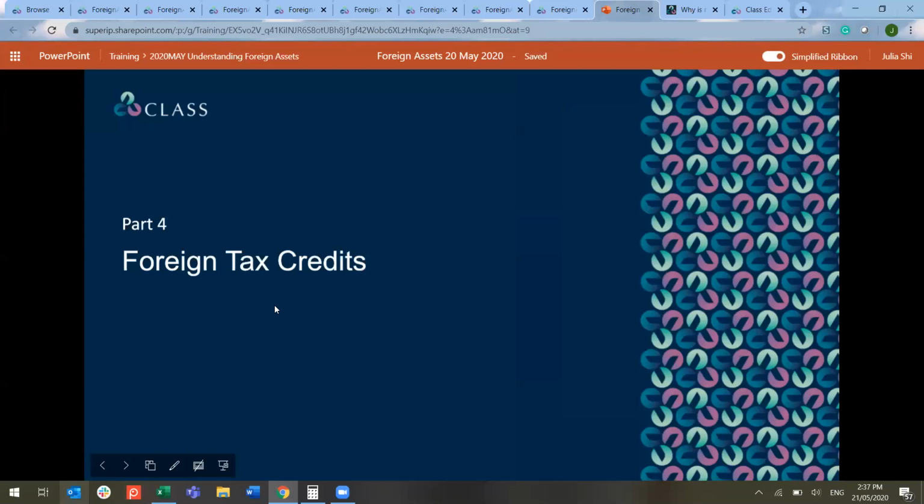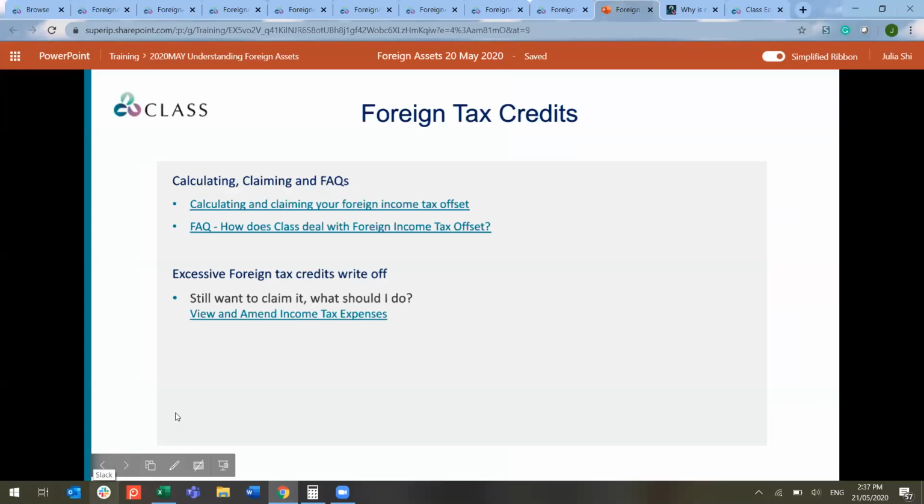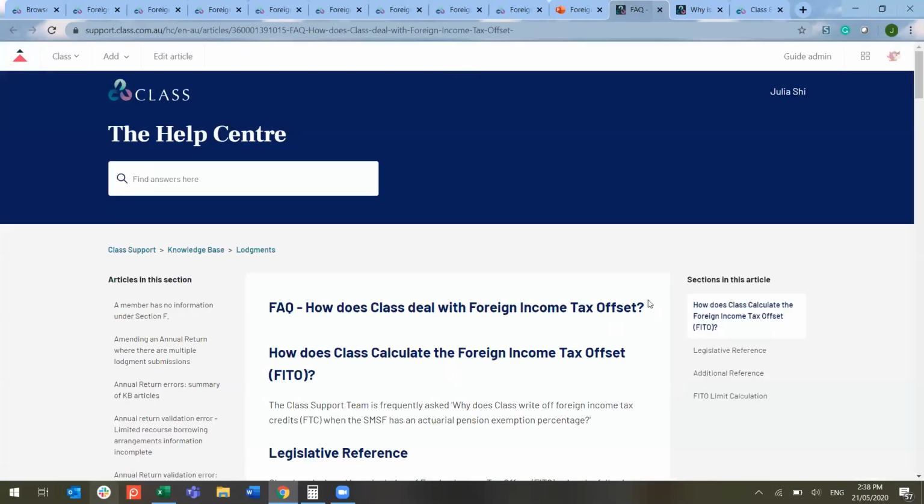So last but not least, we were talking about the foreign tax credits. For calculating foreign tax credits, I've put the ATO website in here, so you can have a look later if you would like to. The ATO actually gives us the three steps to calculate it. We at Class simplify the process, and also take into consideration the situation when you have pension exemptions.